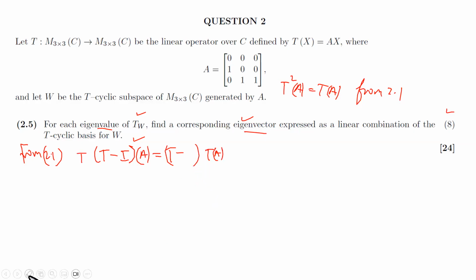Right, so we have therefore that for each eigenvalue, find the corresponding eigenvector. So we find the eigenvectors from the quadratic polynomial. This is how we do it. We make it equal to 0 by transposing everything from the right. If you transpose this one, it becomes t squared minus t, so you have T of (T minus I) of A equal to 0.